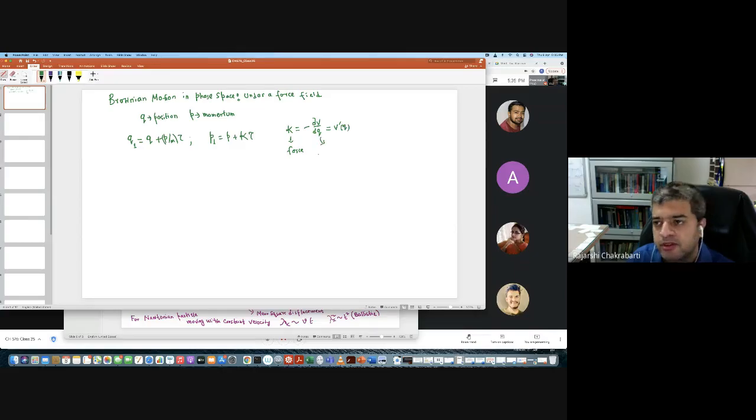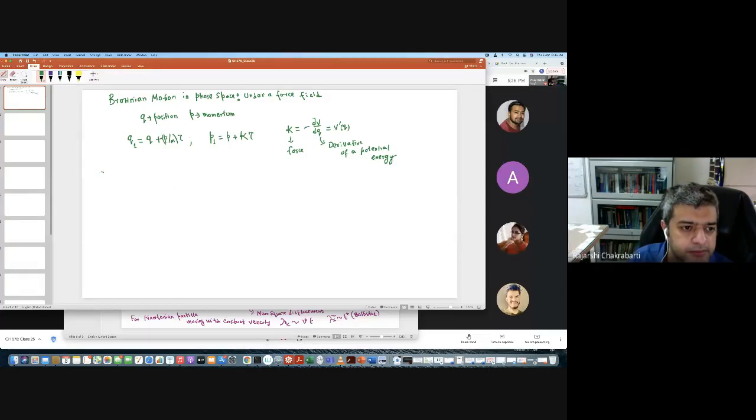So this force is a conservative force, which is a derivative of the potential energy.